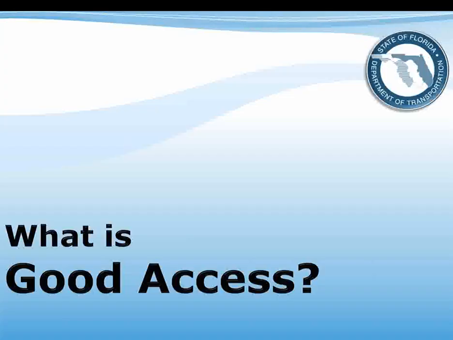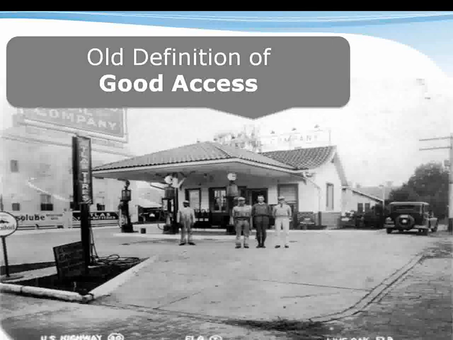So what is good access management, and what is good access to a property? Well, back in the old days, the definition of good access was, hey, a car can come into my property any place. And this is an old picture off of US 90 in Live Oak, and you can see, yes, this gas station had good access for the time.